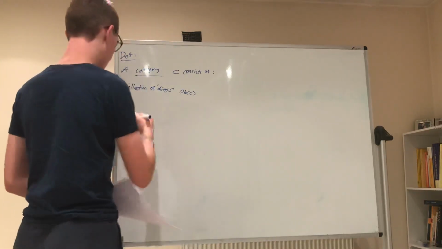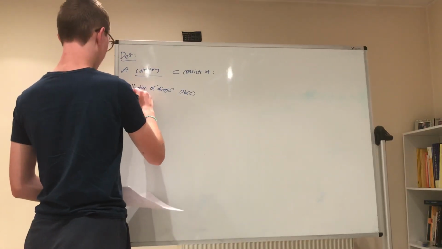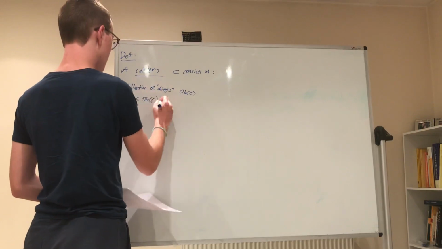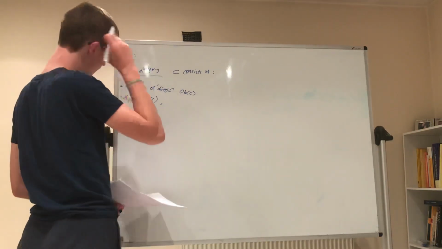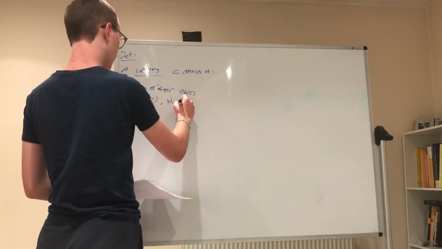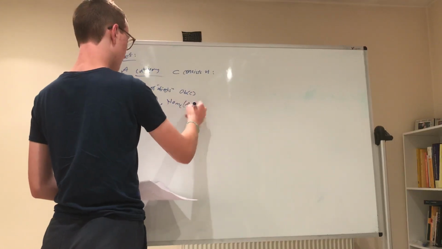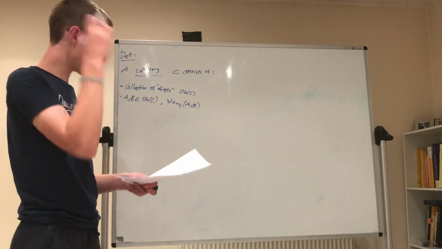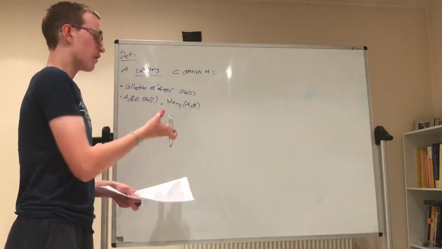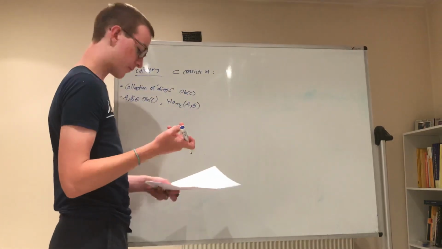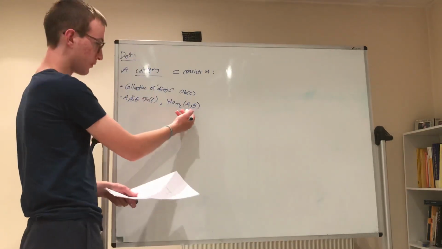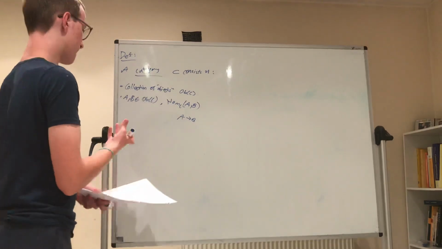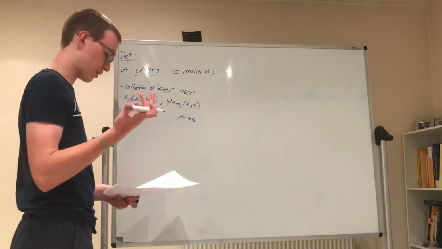So for any two objects, if we have A and B in the set of objects of C, we have this set Hom C A B, and this is the set of all morphisms between them. So that is maps from A to B like this, and morphisms can be composed.